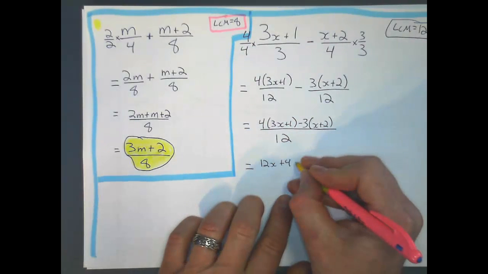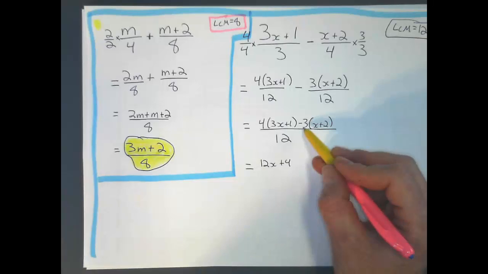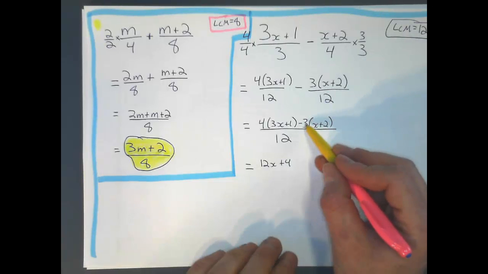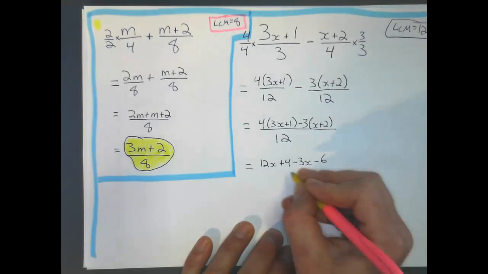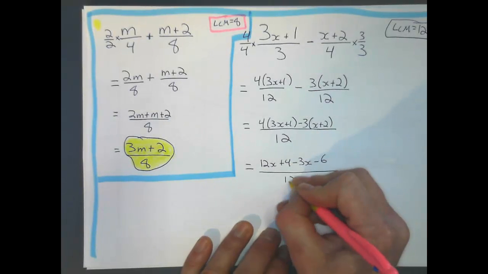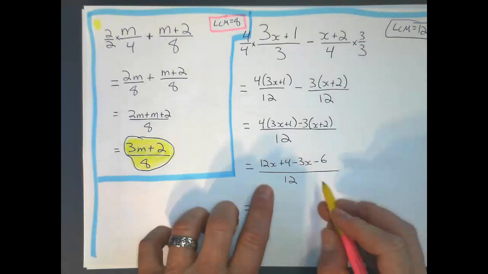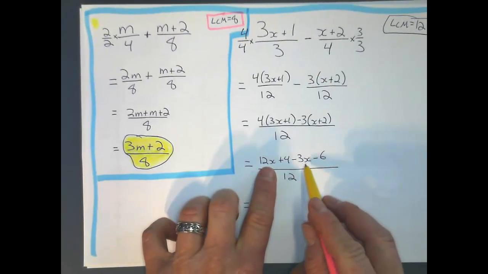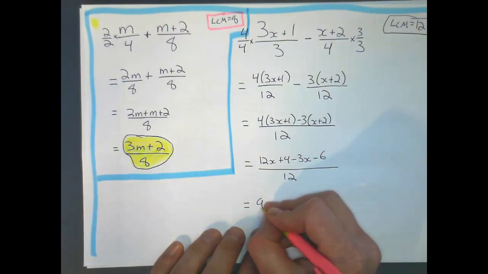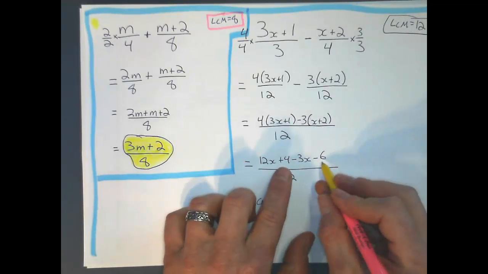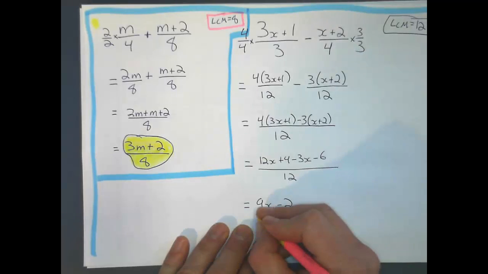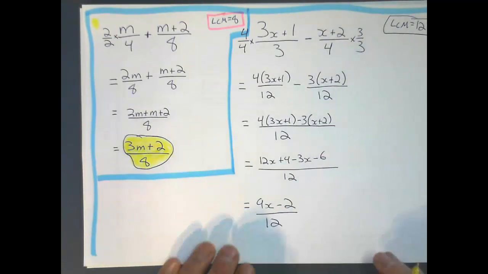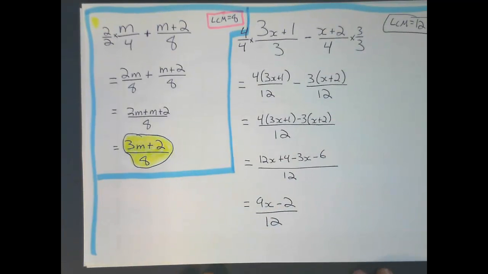Expanding the second one, that is a minus 3, and that sign goes with that number, so I get negative 3x minus 6, all over 12. Finally, I collect the x terms: 12x minus 3x is 9x. And the constant terms: positive 4 and negative 6 give me negative 2, all over 12. I can't simplify any more because I have no more common factors.